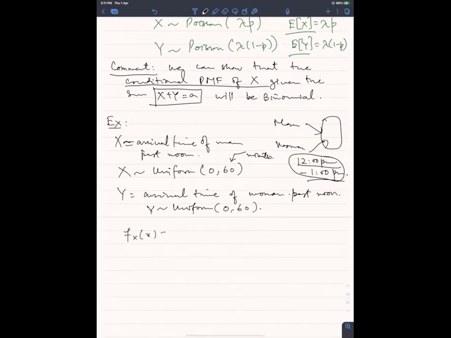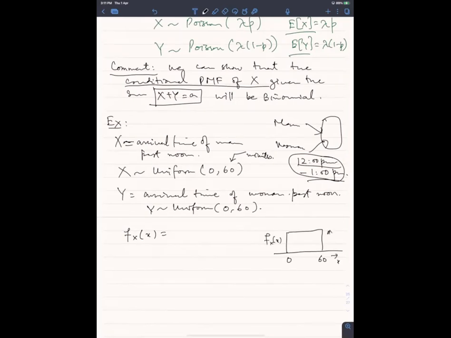Question is, what is fx of x? Answers in the chat window. And fx of x uniform है between 0 and 60. This is x, this is fx of x.